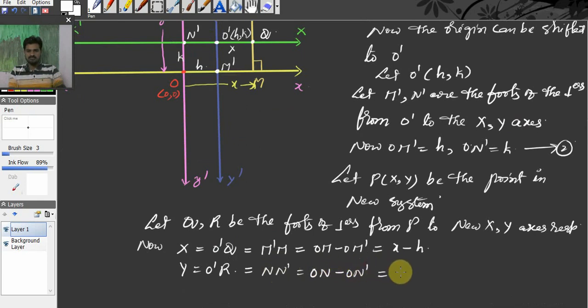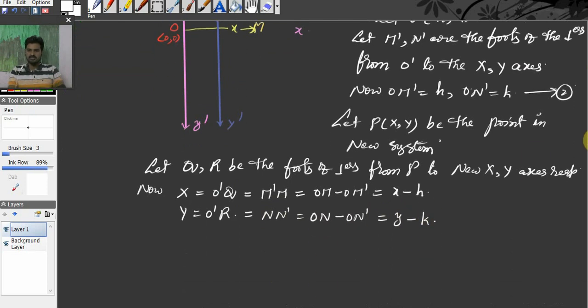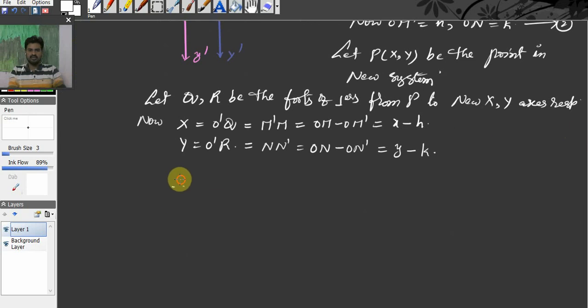ON means Y minus ON dash means K. So they are the X values and Y values. Therefore, capital X is equal to X minus H, capital Y is equal to Y minus K.